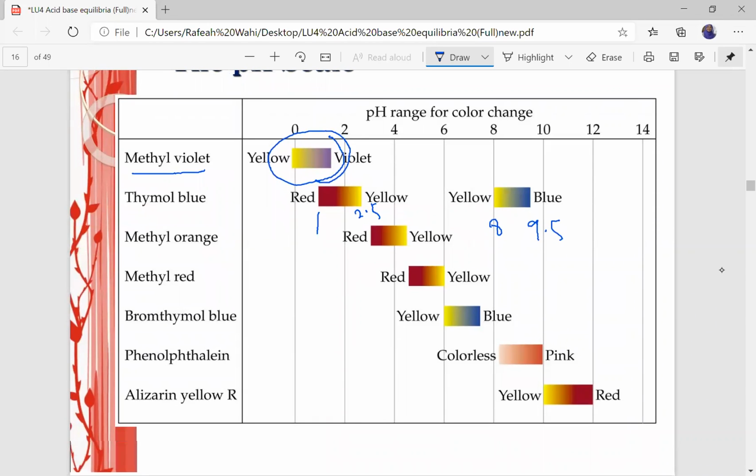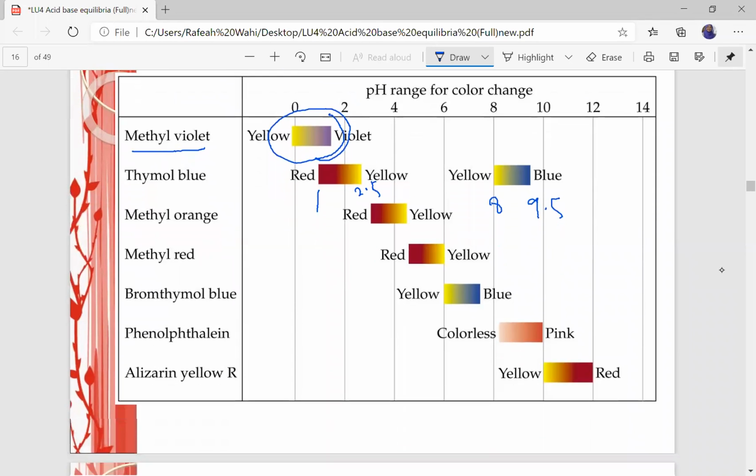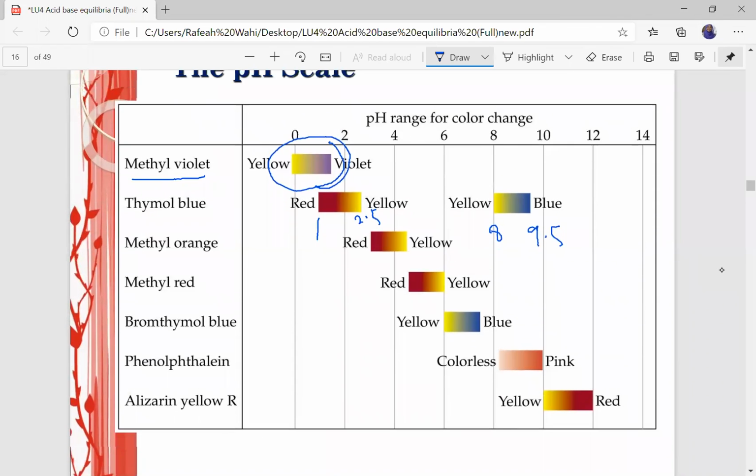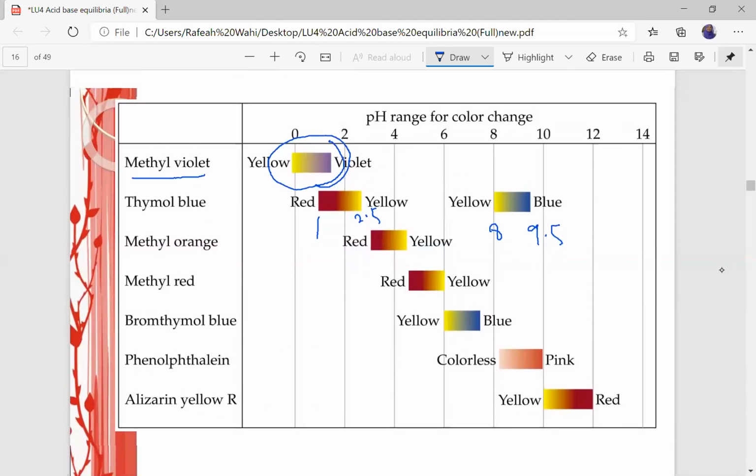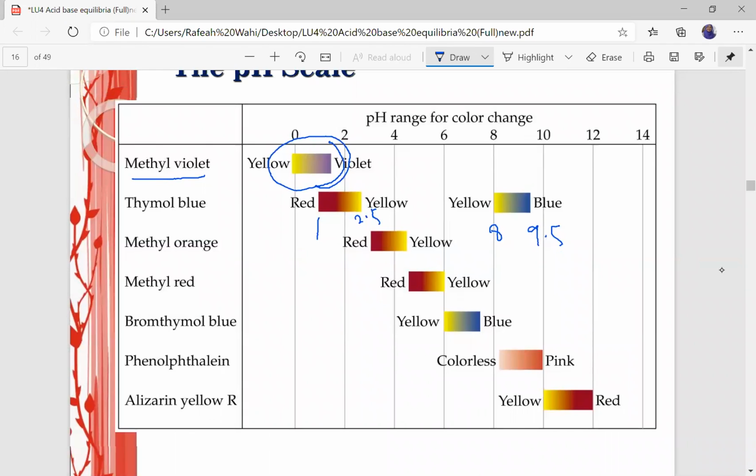Okay, we use it for the described pH range. Okay, so let's say you have a titration between acid and base which the endpoint or the equivalence point is expected to be at pH 5. Okay, so what are the examples of indicator that you can use?